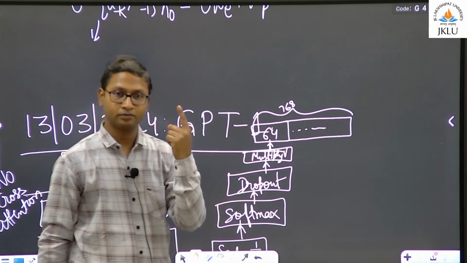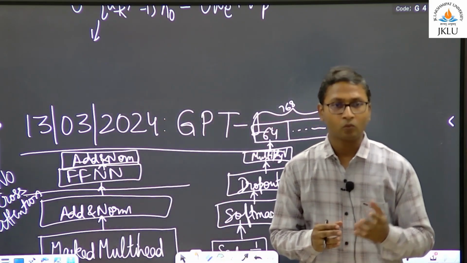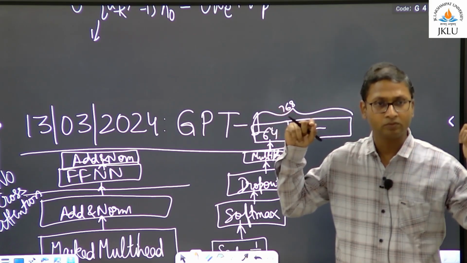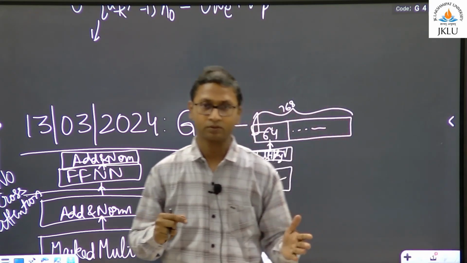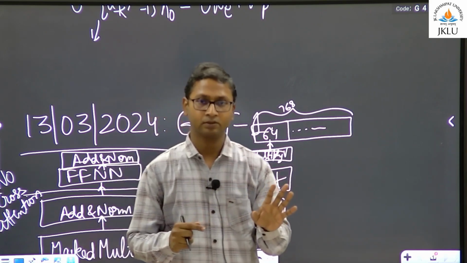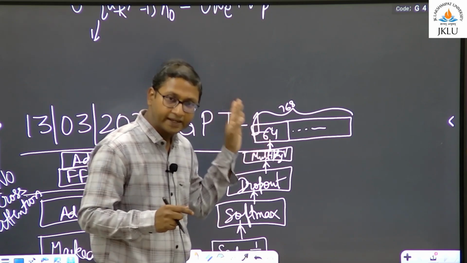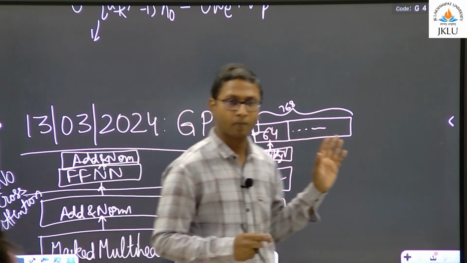For one head, see, what was the output for one head in our earlier cases too? 64, right? So I am not going to repeat that thing. This is coming exactly from transformers. Now instead of 8 heads, you have 12 heads. Okay?